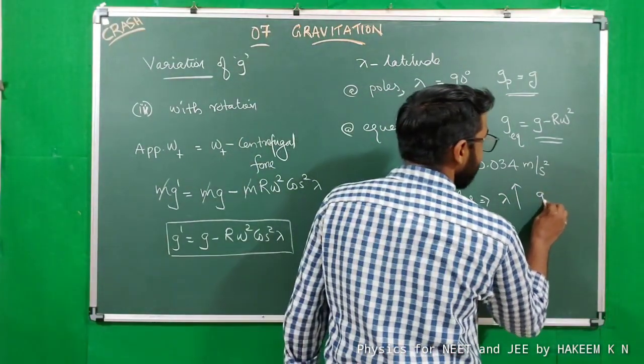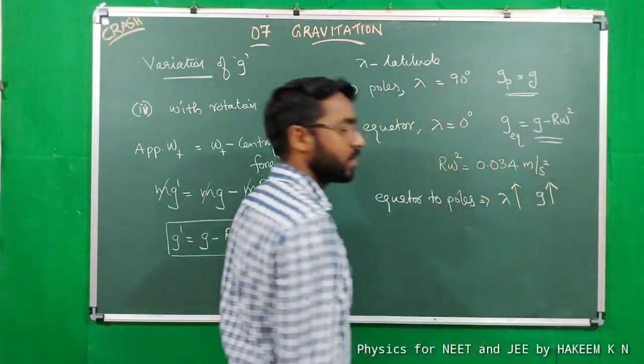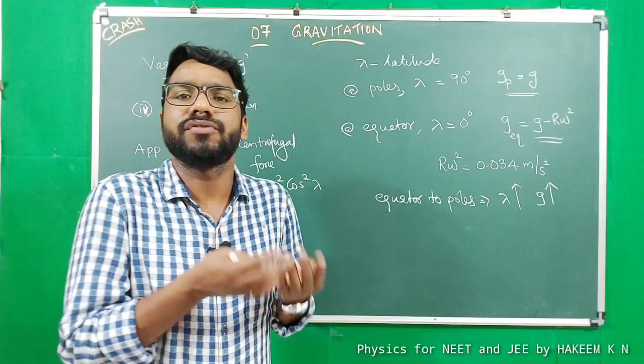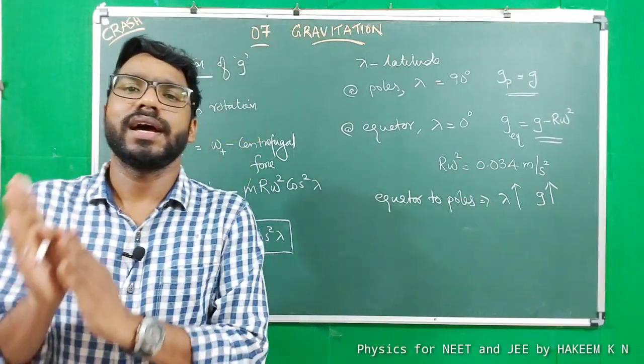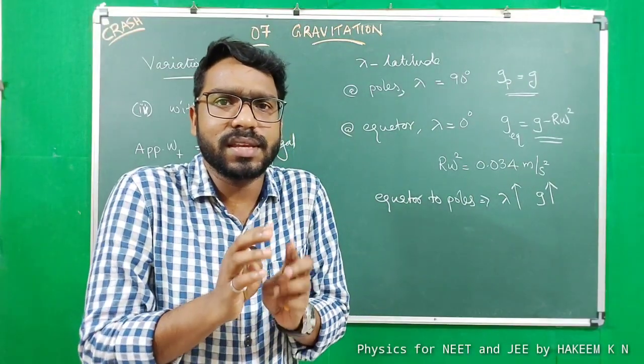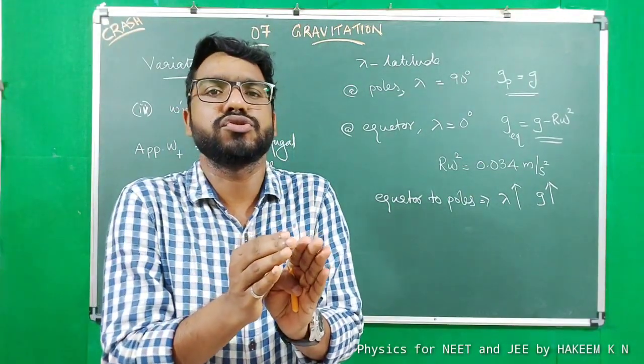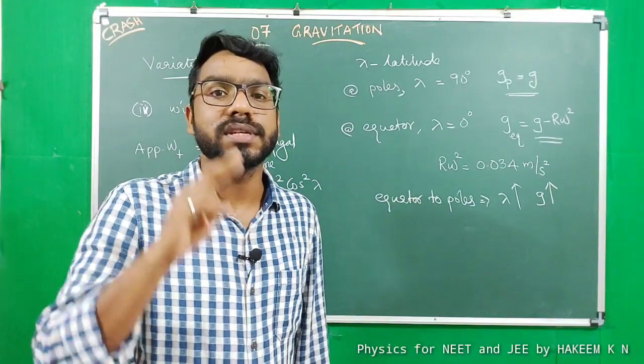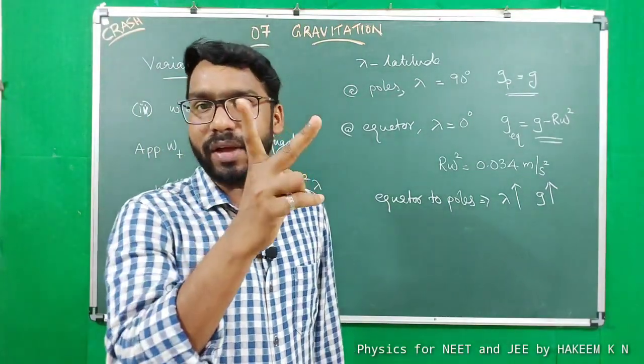So g increases. The weight of every body increases as it goes towards the poles. The change in acceleration due to gravity at poles is due to two factors.